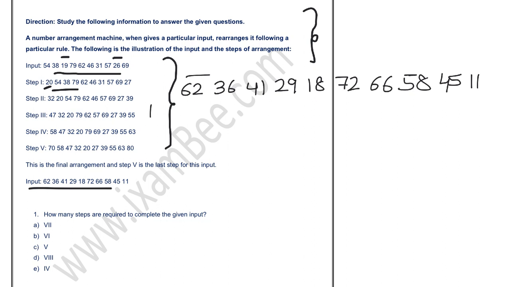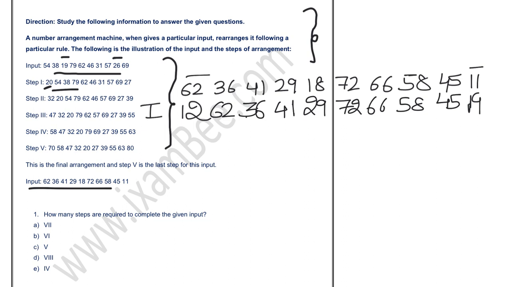right? So step number 1 is you have to arrange the smallest number at the extreme left end by adding 1 to it. So the smallest number is 11 over here, so you can write 12 by adding 1 to 11. The next smaller number is 18, so you can write 19 at the extreme right end and all the numbers will remain as they are. The next smaller numbers are 29 and 36.